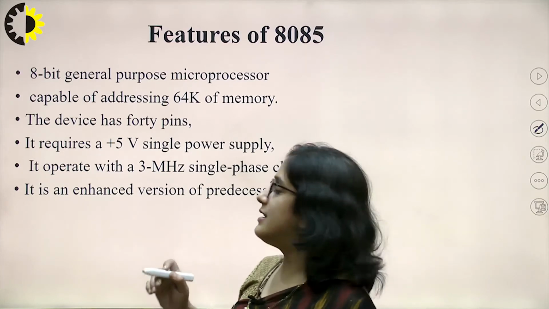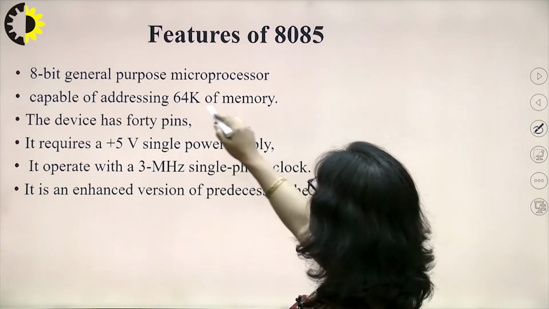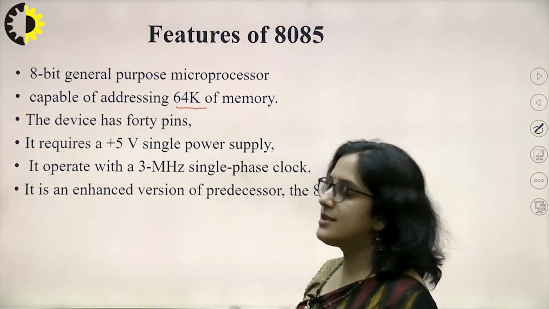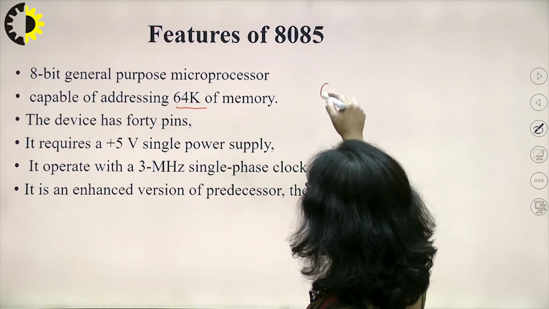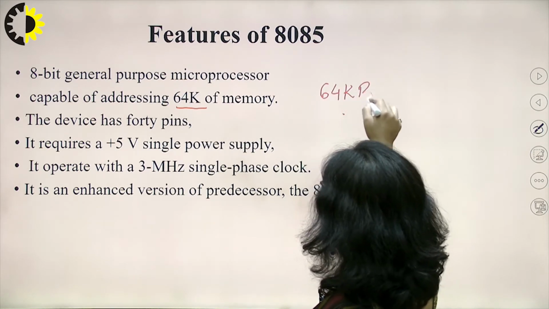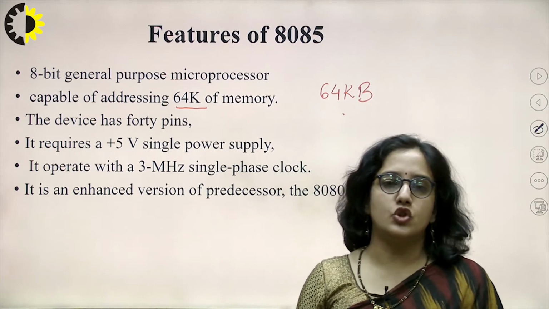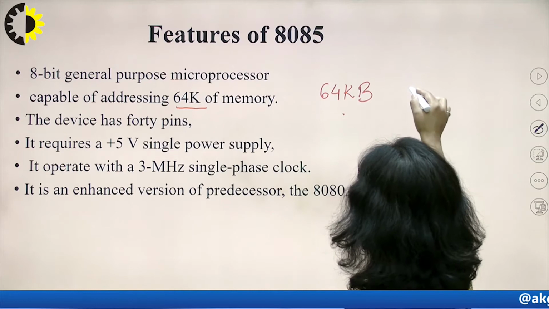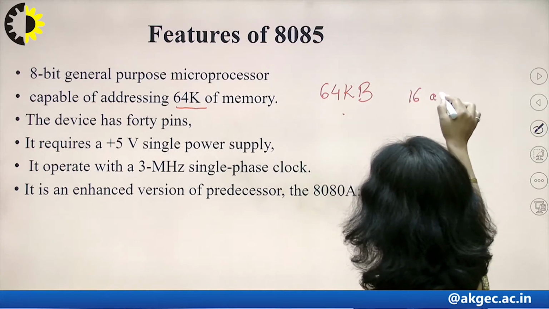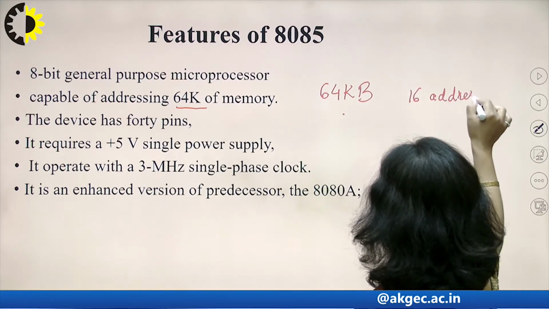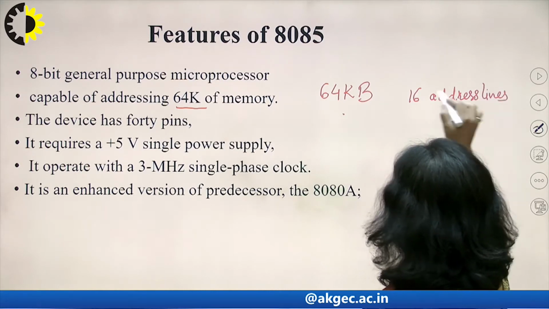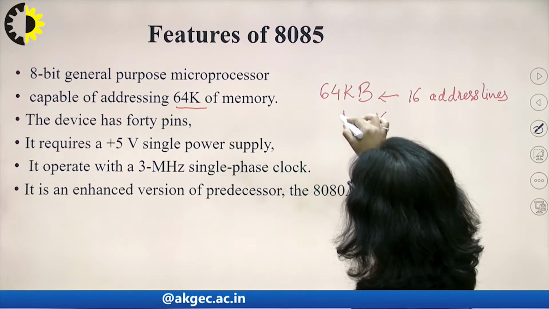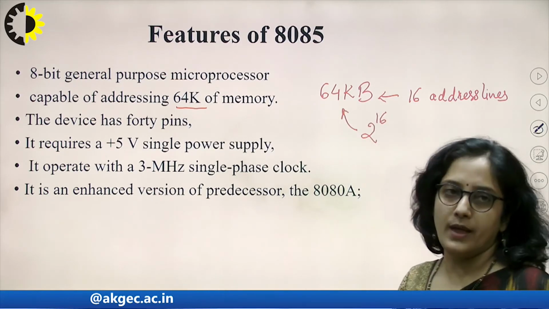Then it is written that it is capable of addressing 64 kilo of memory. This 64 kilo of memory means 64 kilobytes. We can store our data up to 64 kilobytes. Why 64 kilobytes? Because it has 16 address lines. So it is 2 raised to power 16, which if we convert gives us 64 kilobytes.